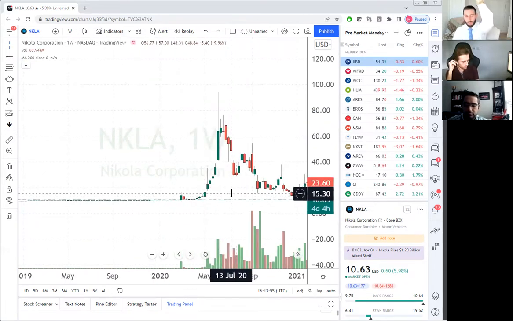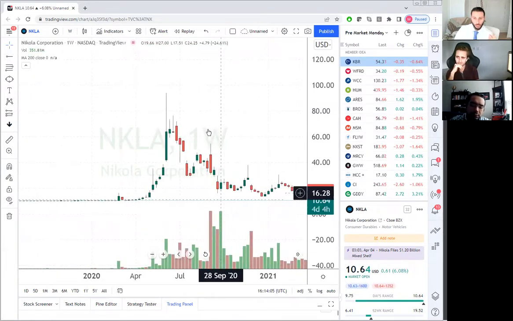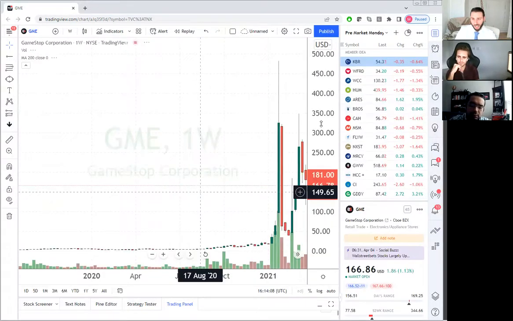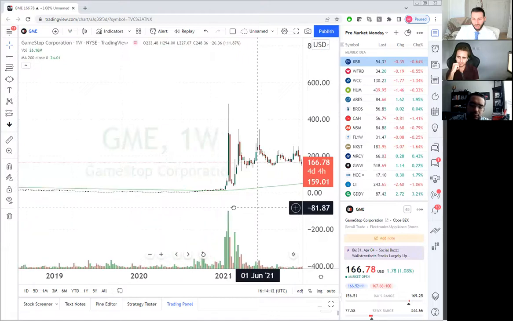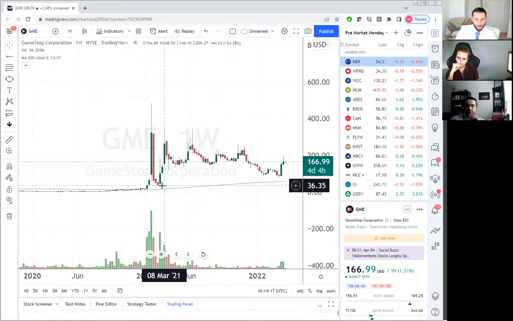But you have that extremely vertical run very quickly, a month, 2 months, a couple days, and then it just comes right back down. The come down often is much slower, as you can see. Think of GME and some of these other meme stock names, goes up 1,000% in a week, reverses the entire move in a week.